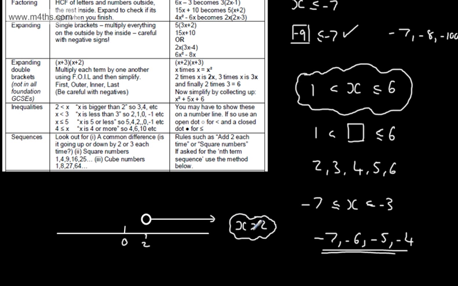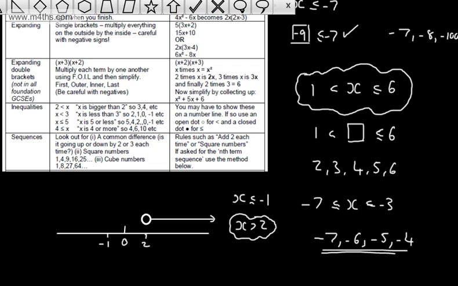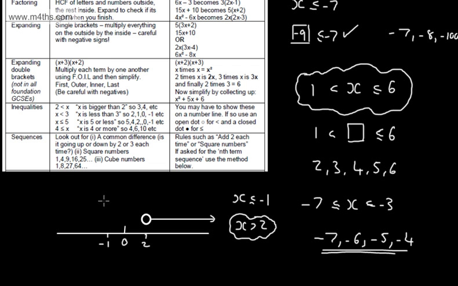Okay, let's do another one. Let's say that we've got now x is equal to or less than minus 1. We locate minus 1 on the number line. I know that I need now a solid dot, as this is inclusive. I'm going to put a solid dot just there, and then colour that in, and then we're going to take all values to the left.